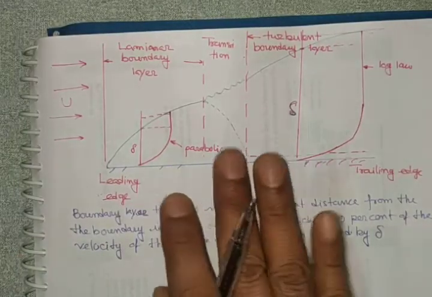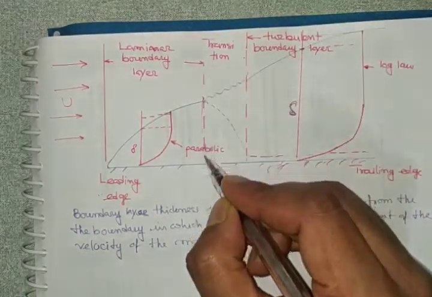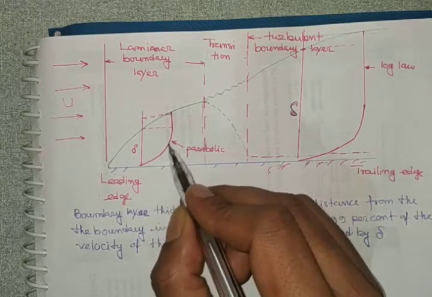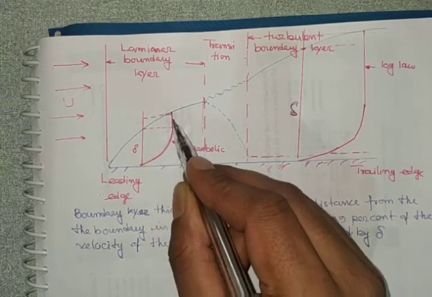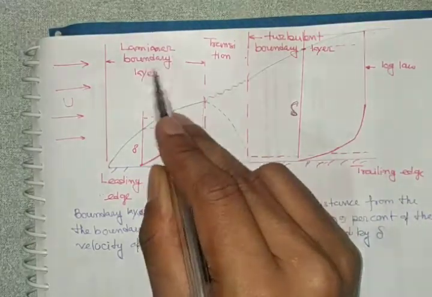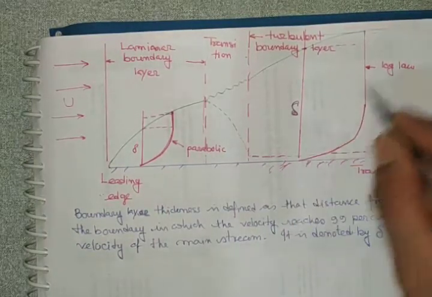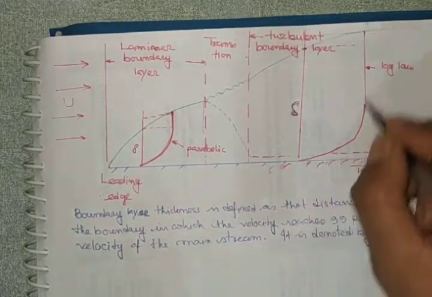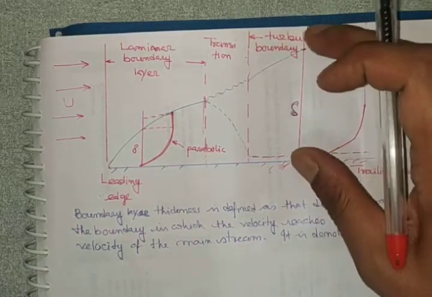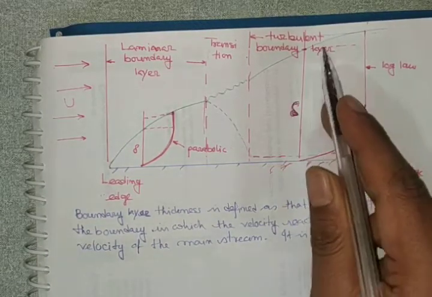And at a certain point, as shown in the figure here, the velocity profile for this boundary layer is parabolic. That means it is a laminar boundary layer. And if you go beyond that, you will get a logarithmic boundary layer where delta, which represents the thickness of the boundary layer, increases.